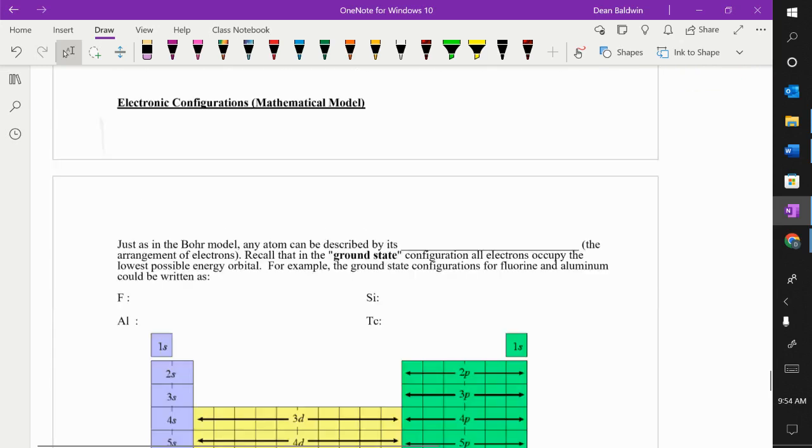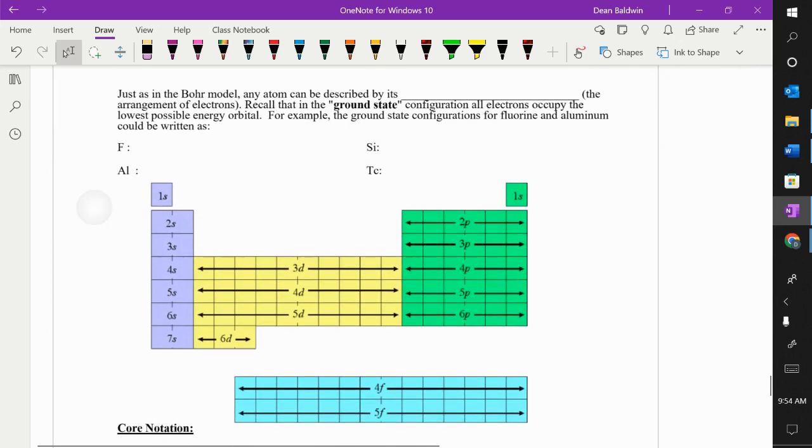Okay, here's the periodic table. You work left to right. So 1s, then it's 2 s's, and then it's the 2p orbitals, 3s, 3p. After that, 4s, and the next one, it's a d orbital.